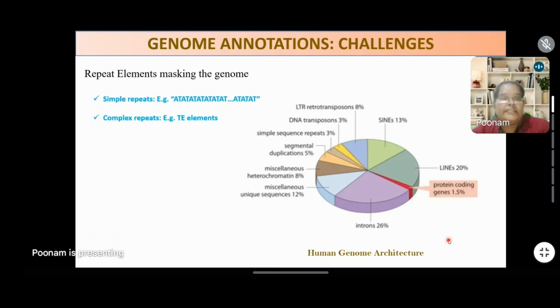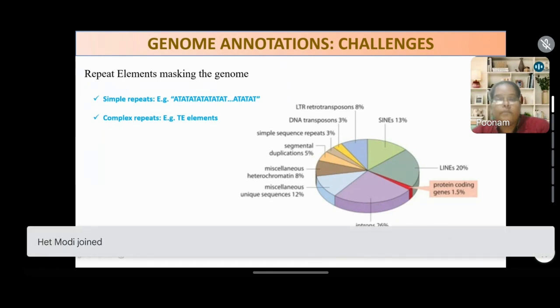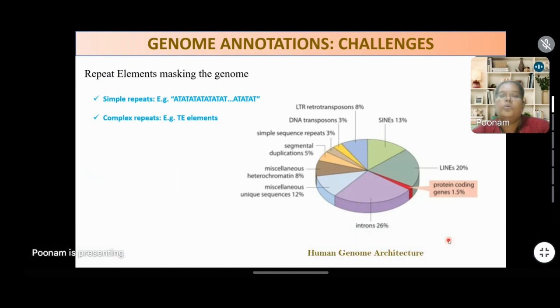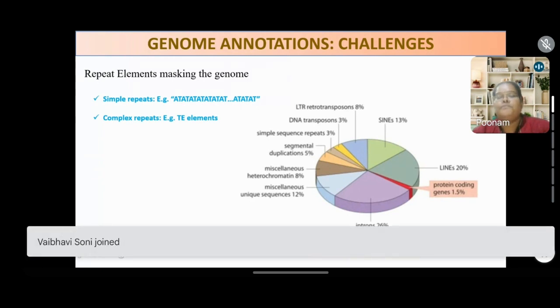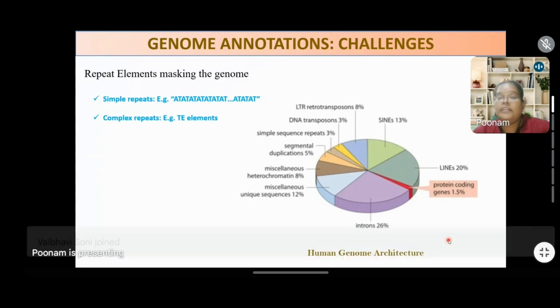For example, as I tried to convey, we suppose that humans are the most complex organism at the DNA or genome level. But there are certain other organisms, like reptiles and salamanders, that have 10 times more DNA content as compared to humans.